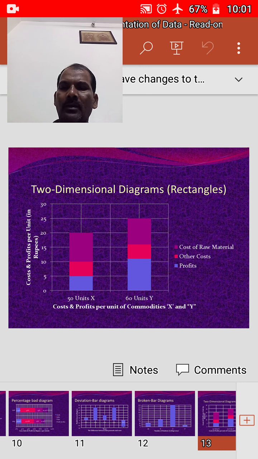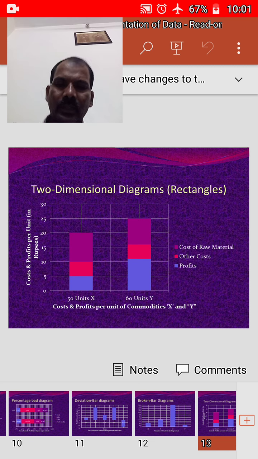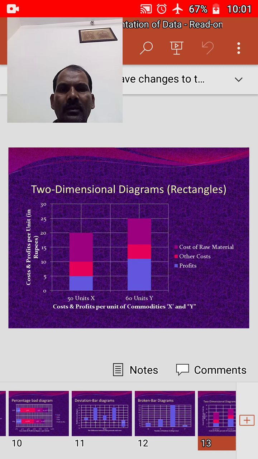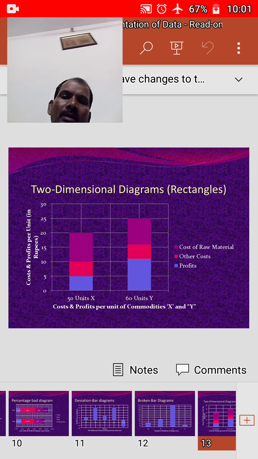They are like multiple bar diagrams only. The costs and profits per unit of commodity X and Y will be shown. For example, here the cost of raw materials is in pink, other costs are in red, and profits are in blue.